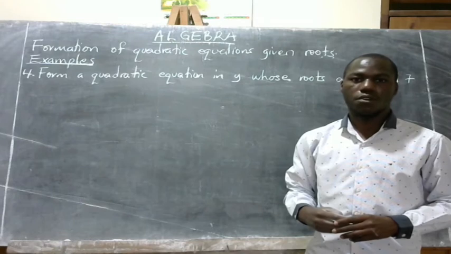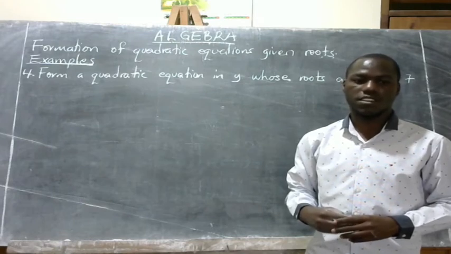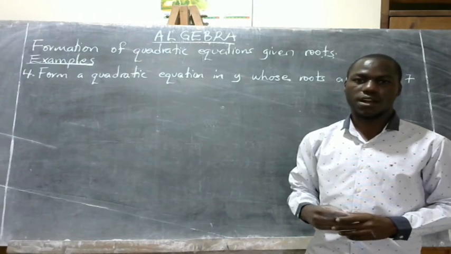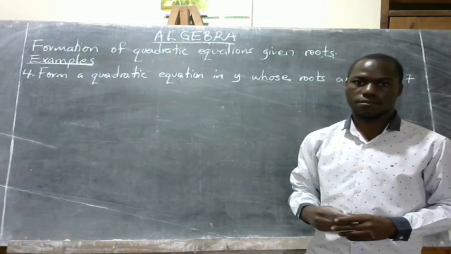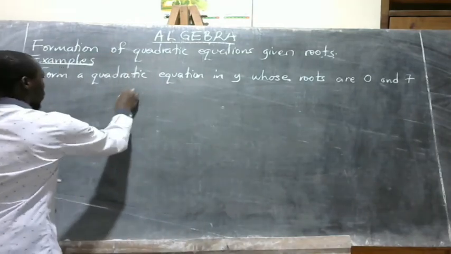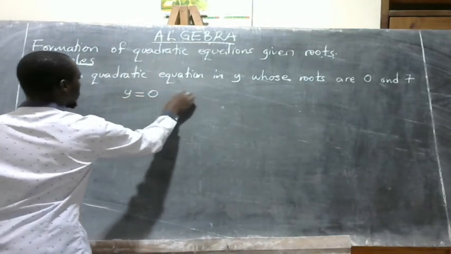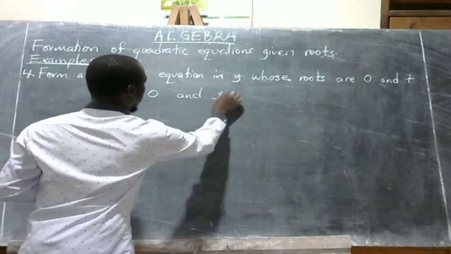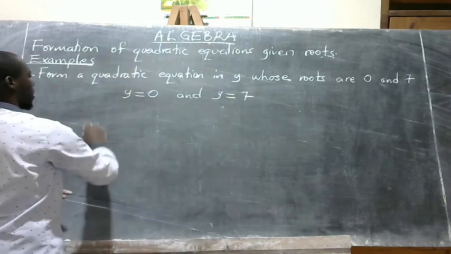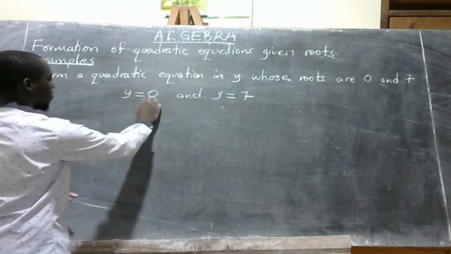Example 4. Form a quadratic equation in y whose roots are 0 and 7. So y is equal to 0 and y is equal to 7. Here there's nothing to take the other side, so we remain with y is equal to 0.